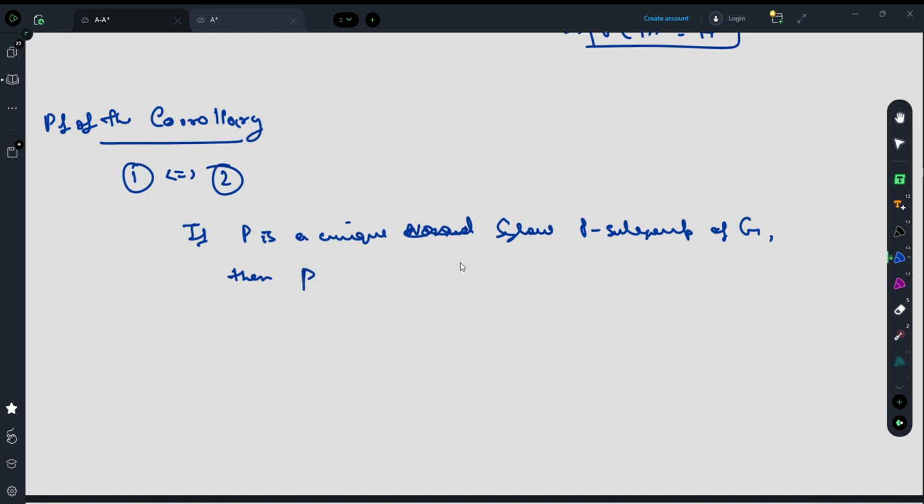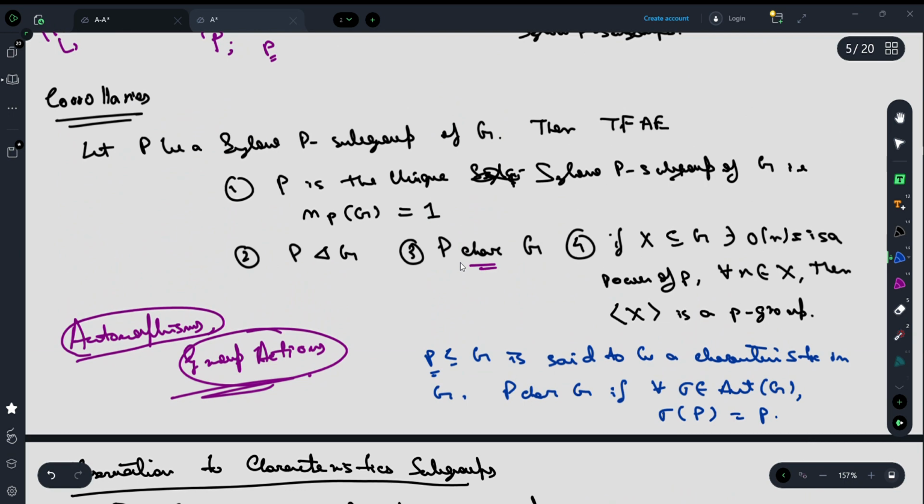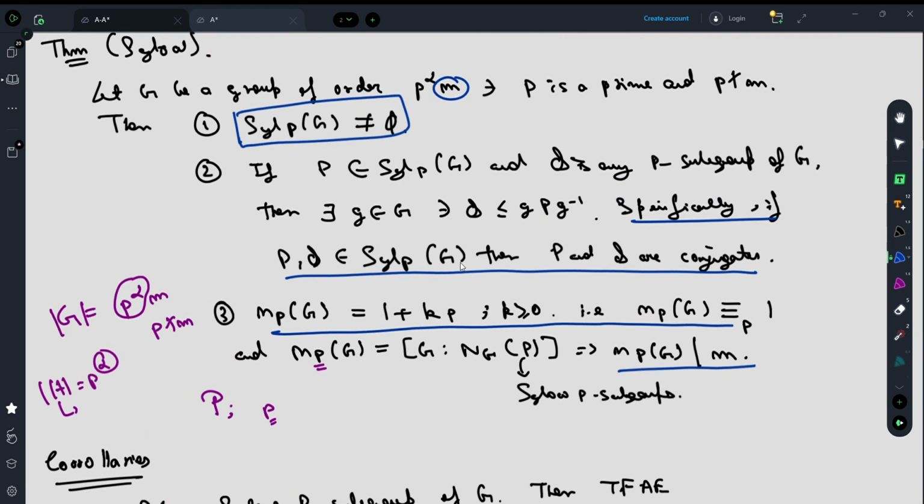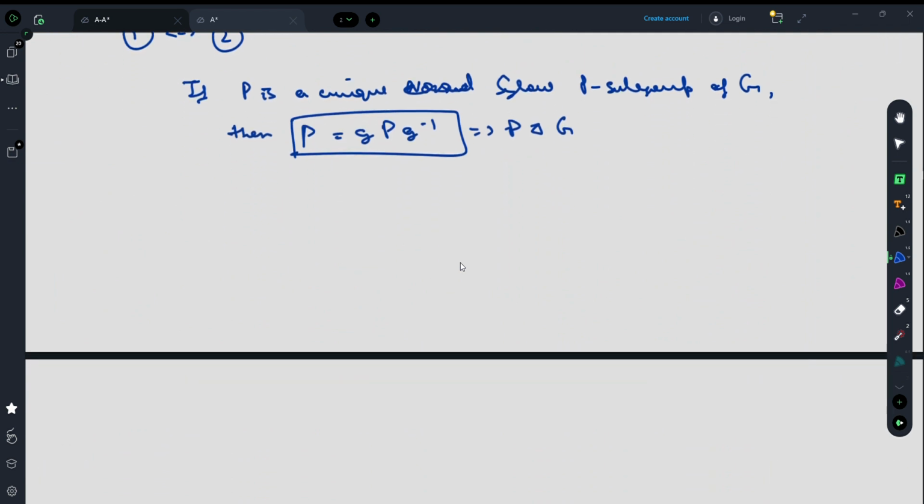If P is a unique Sylow P subgroup of G, then P must be a conjugate of itself, right? Because we know that if P and Q are two Sylow P subgroups, then P and Q are conjugates. So if I talk only about P, that is if I put Q equal to P, then P must be the conjugate of itself. But that implies P is normal in G. What we are typically doing here is just putting Q equal to P. Nothing else.